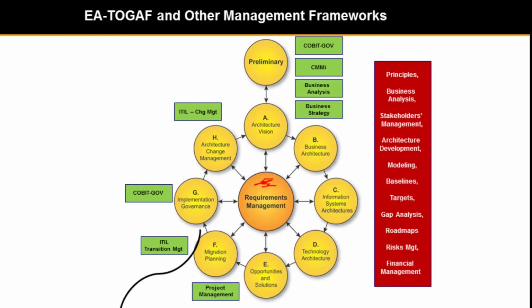Along the way, you prepare in the preliminary phase, and you establish your vision and direction and your targets in the architecture vision. Then business architecture, information systems architecture and technology architecture is where we are defining and developing the architecture itself. As we move along, we're going to have an iterative approach at the end of the day.